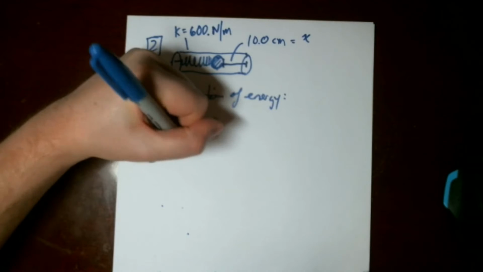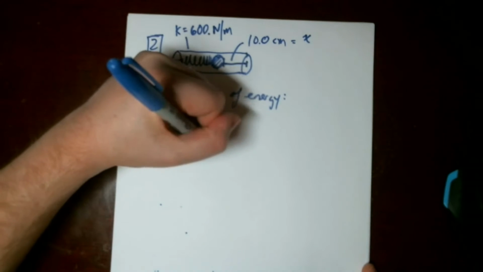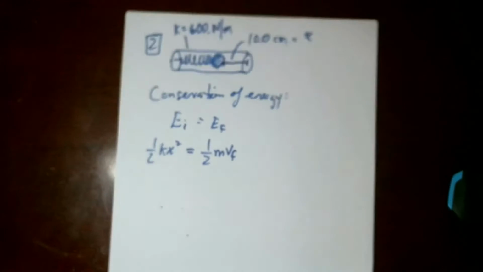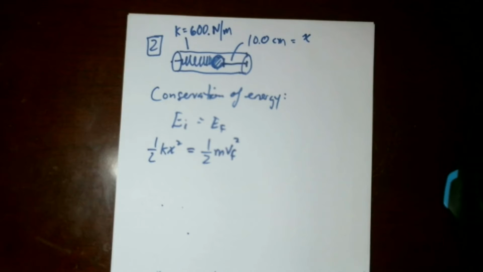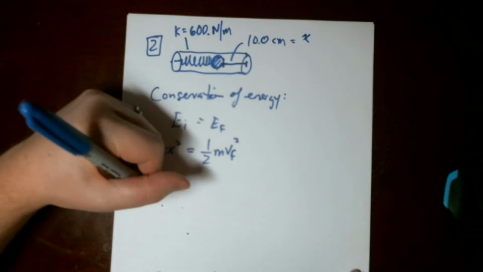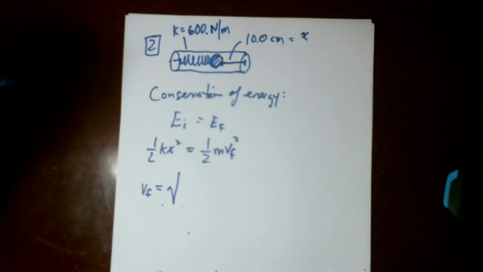So once it's at equilibrium, all of the energy in the system is just in the ball's kinetic energy. And we'll call that 1/2 m vf squared. And so what we really need to do is solve for, again, vf squared. So doing that gives vf equals, let's see, square root. We can drop that factor of 1/2.